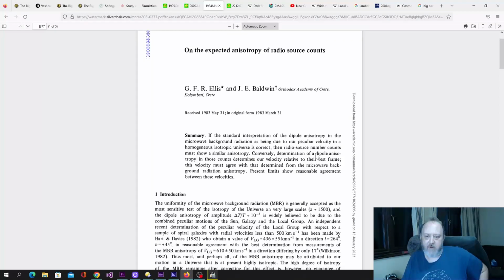Conversely, determination of a dipole anisotropy in those counts determines our velocity relative to their rest frame. This velocity must agree with that determined from the microwave background radiation anisotropy. Present limits show reasonable agreement between these velocities.